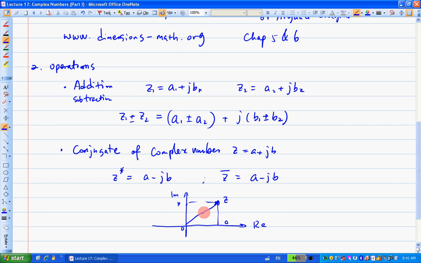Use a line segment here. Okay. So that's basically the original complex number. You have a point here, origin to that point. It's like a vector, right? It's like a vector.